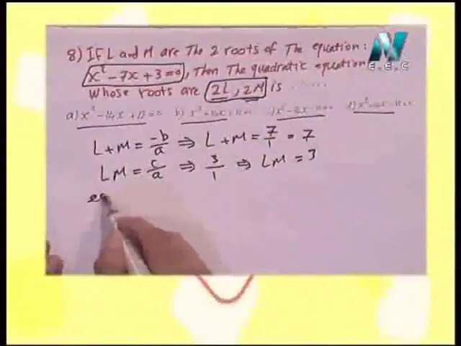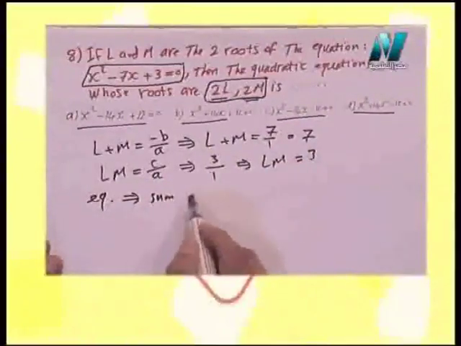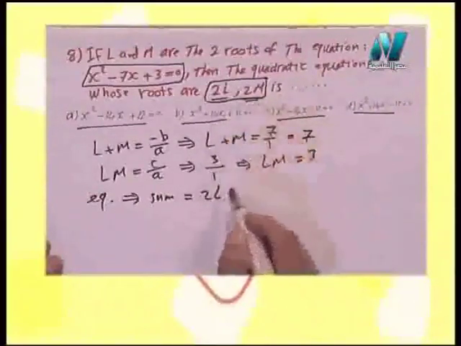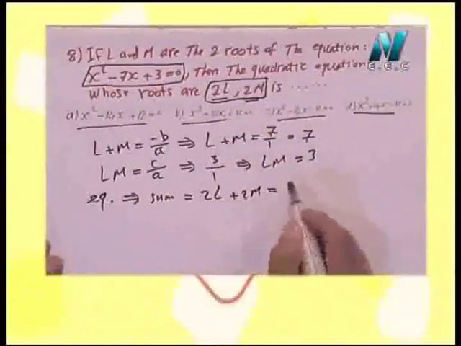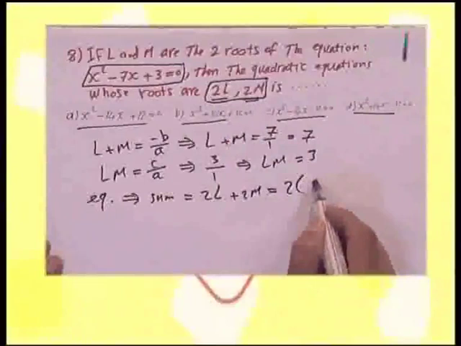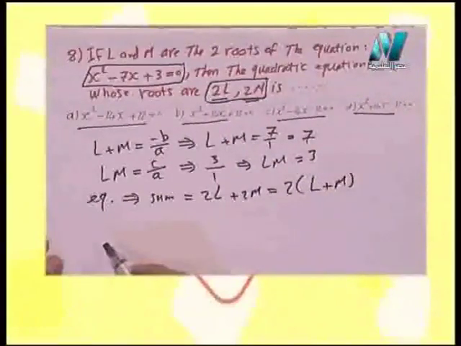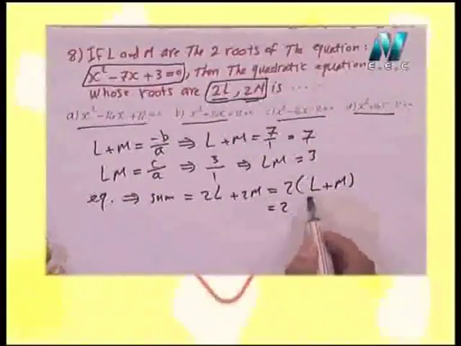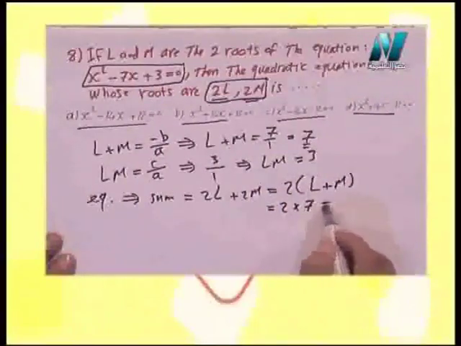The sum of the required equation equals 2L plus 2M. By taking 2 as a common factor, 2 multiplied by L plus M, which equals 2 multiplied by 7 equals 14.